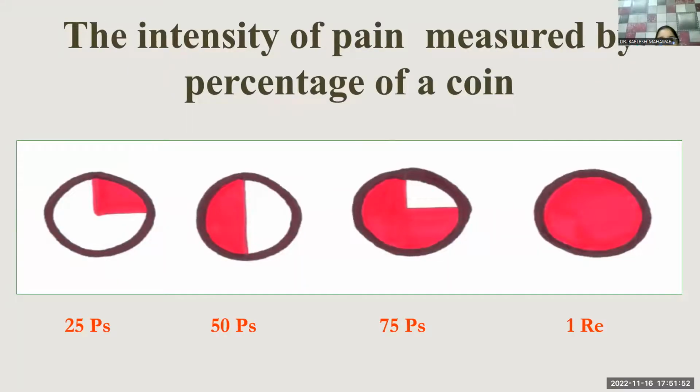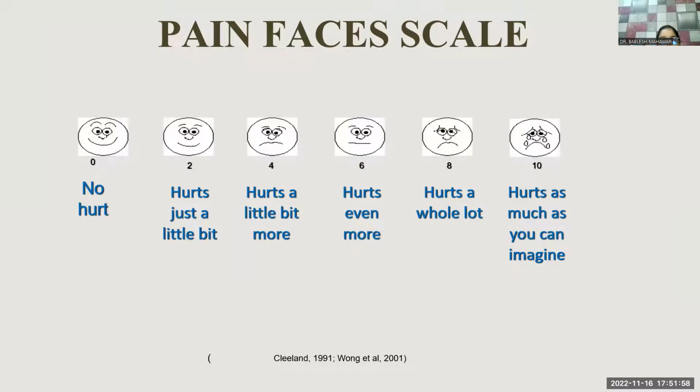This is just a coin, how much paisa pain is there. Next slide. This is a faces scale, which is important. By the look of the picture, the child can recognize how much is the pain. It is 4 or it is 6 or it is 8 or 10, like that.